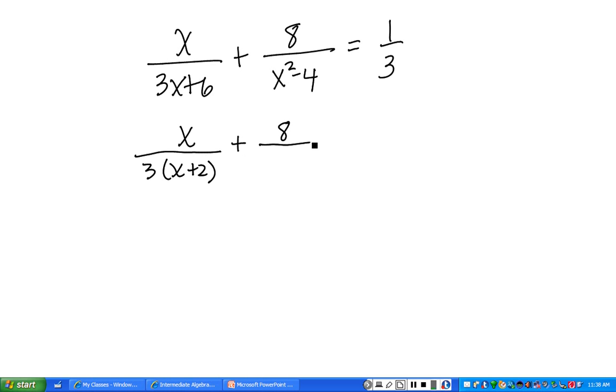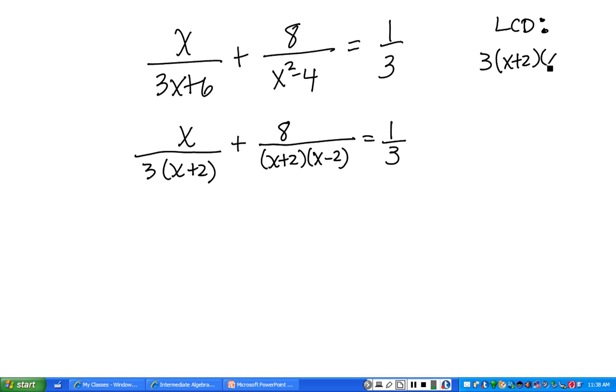X squared minus 4 is a difference of squares, so it's x plus 2 times x minus 2 equals 1/3. So what is the LCD here? We have a 3 involved, an x plus 2 involved, and an x minus 2 involved. Therefore, let's multiply everything times 3 times x plus 2, x minus 2.